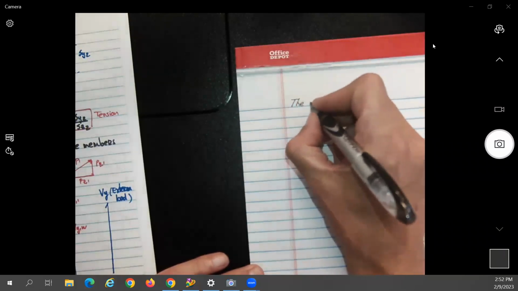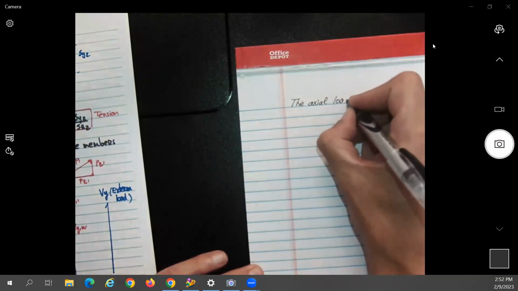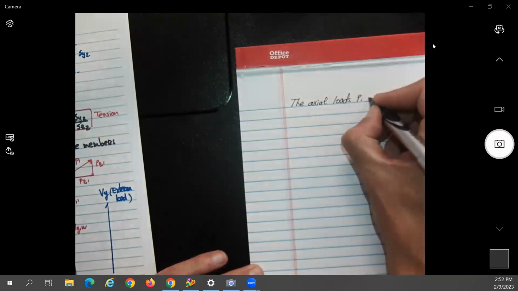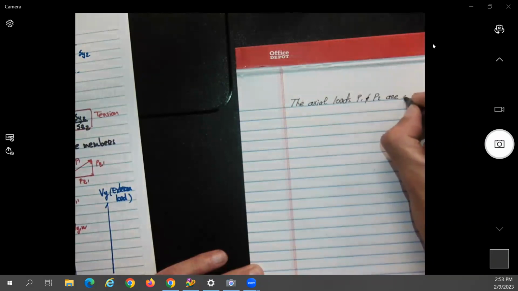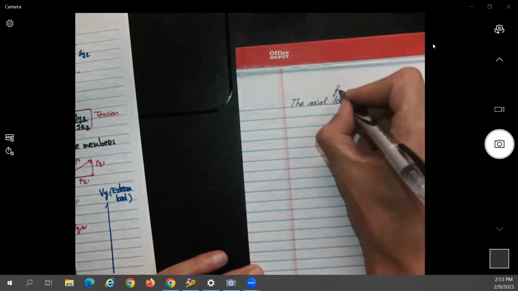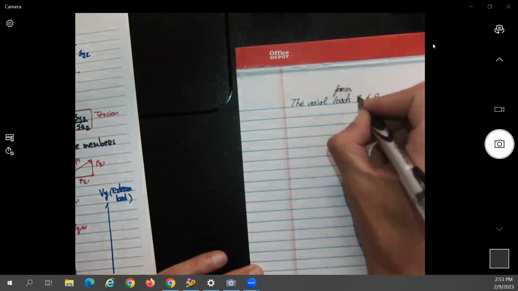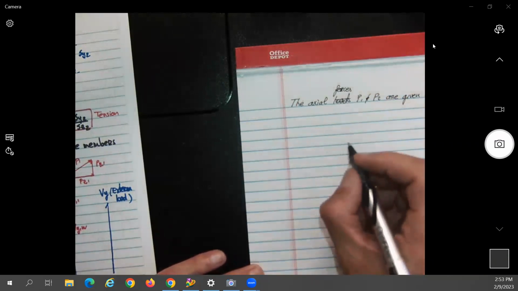The axial loads P1 and P2 are given. Instead of loads, maybe write forces, because I don't want you to think it's external. Forces would be more correct.